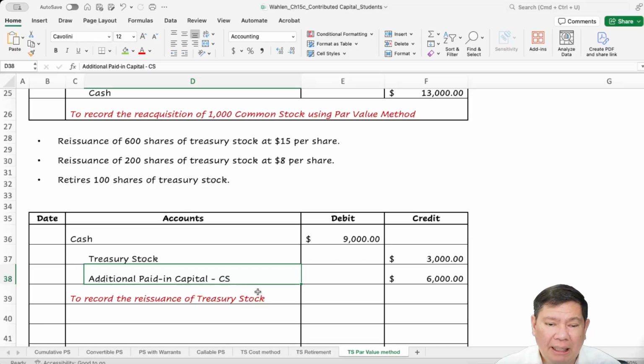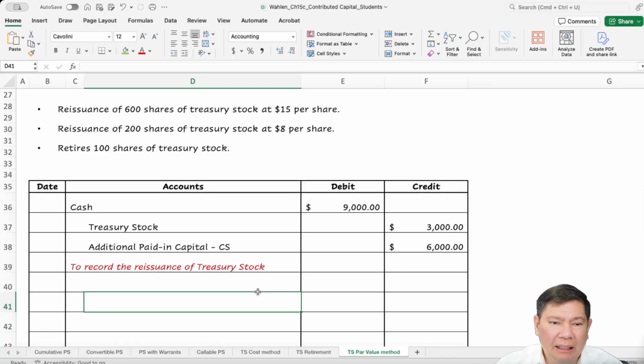So the additional paid-in capital would be on credit.